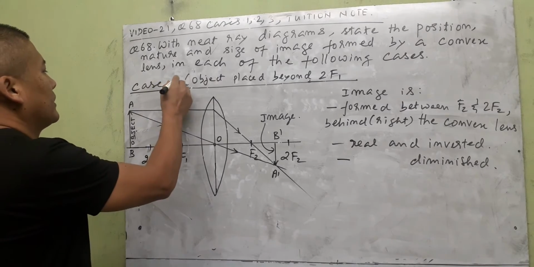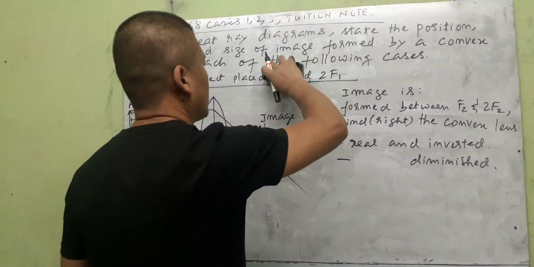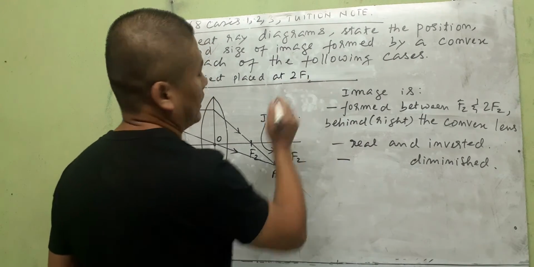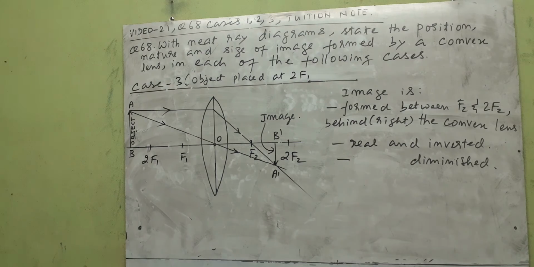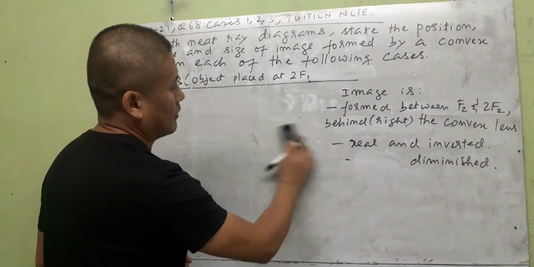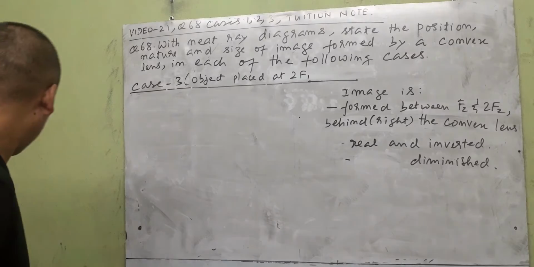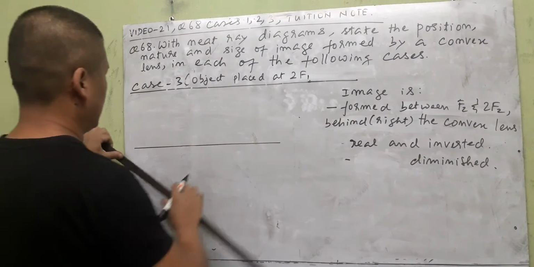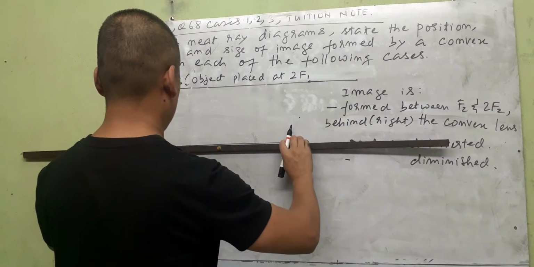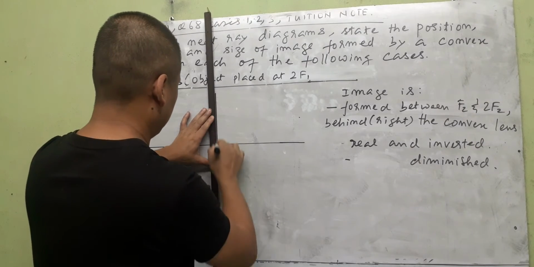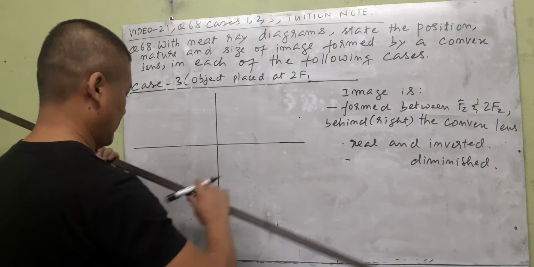So here case 3 will be the object placed exactly at 2F1, let us say 2F1, the third case. So here let's draw the lens like before. Here you draw a line like this, and then here draw the middle line, and then 2 centimeters is enough, I think.